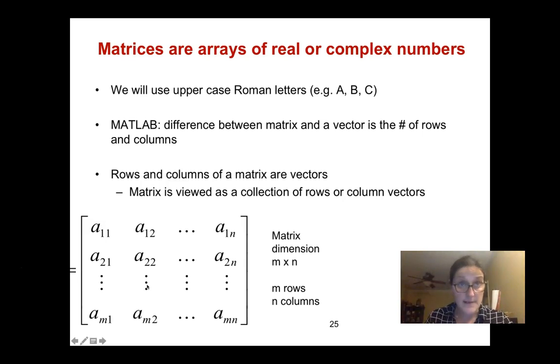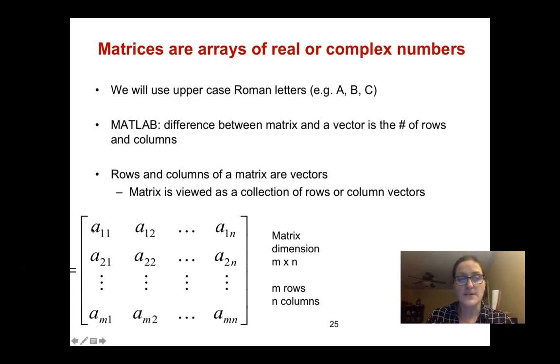Matrices are arrays of either real or complex numbers, and we're going to use uppercase Roman letters in order to identify them. Now, we will see in MATLAB, and I only hinted at MATLAB during the lecture before, that technically a vector is a matrix, so formally they're a similar class of objects, and the difference is the number of rows versus number of columns.